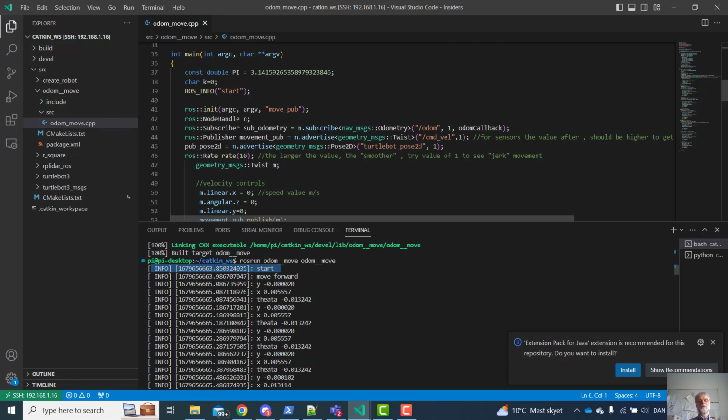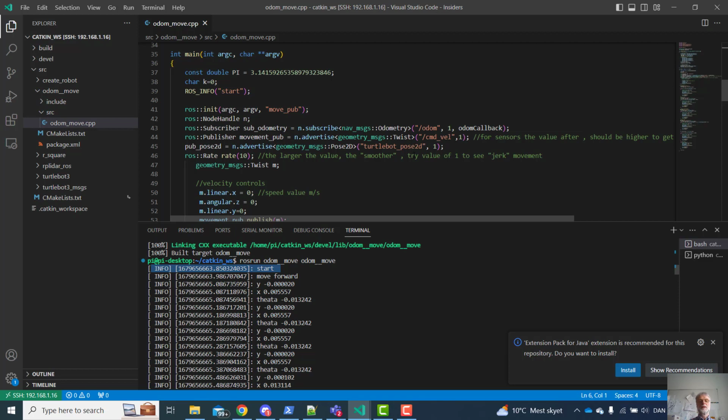And when we subscribe, we need to have a callback function. This is a so-called pointer to a callback function, which we must describe and implement. Then we have the well-known Twist, the command topic, command velocity, where we move the robot as you used in your assignment 1.